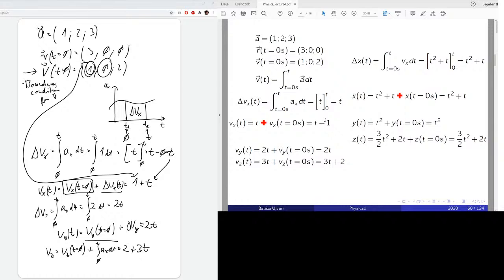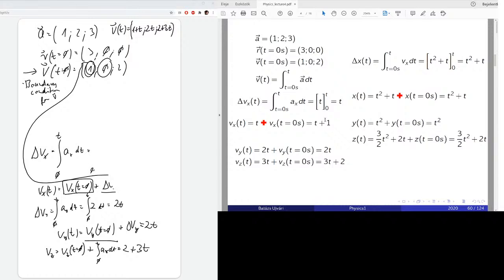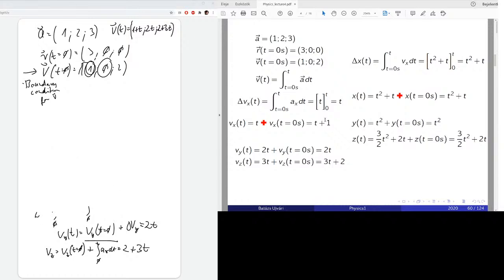Alright, let's save the V somewhere. V of t will be 1 plus t, 2t, 2 plus 3t. I clear the lower part, and let's go calculate the displacement vector.